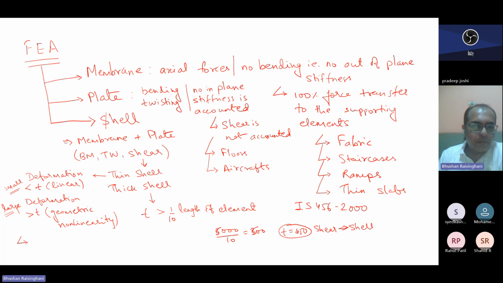So what are the examples? RCC floors, then bridge decks, then foundations, and flat slab.